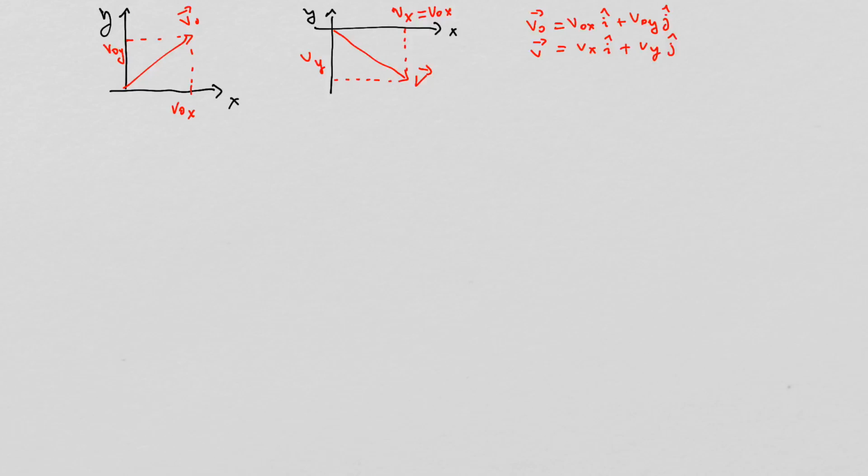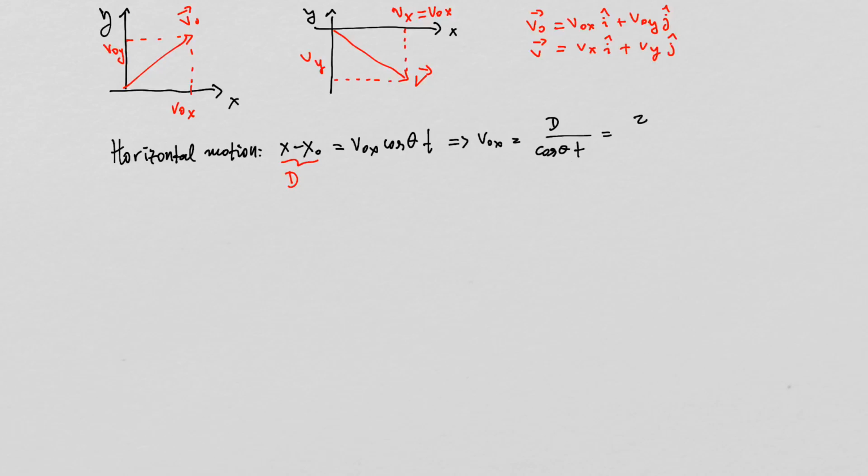To find the component, I will use the horizontal part of the projectile motion. So we know that the horizontal displacement, which is equal to d in the figure, is equal to v0x cosine of theta times t. So I know the displacement, I know the angle, I know the time, so I can calculate v0x. From here, v0x will be equal to d divided by cosine of theta t.